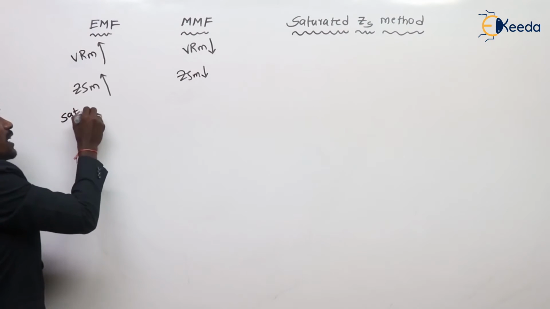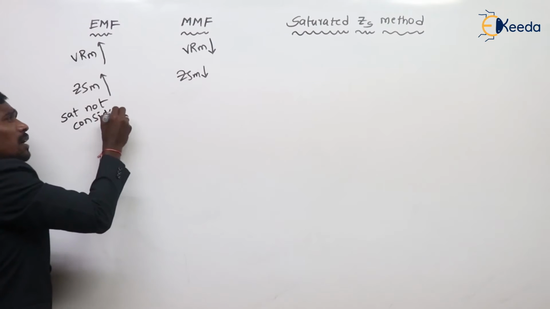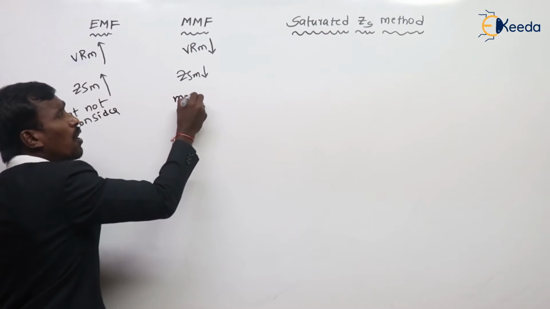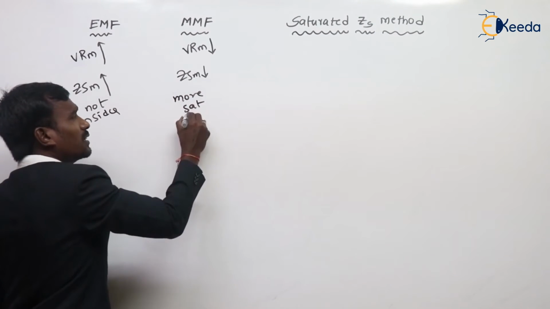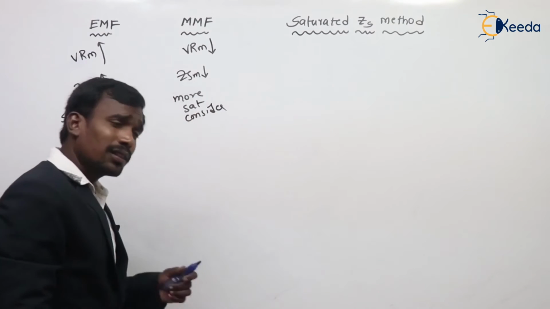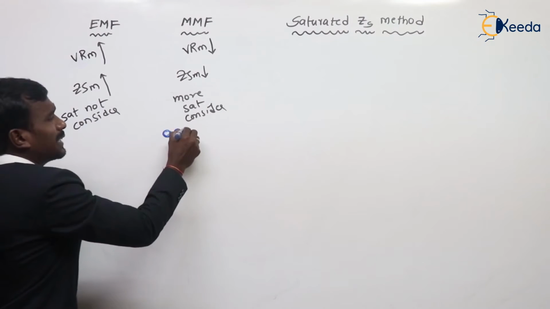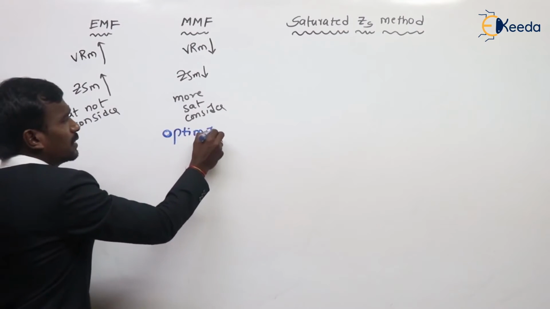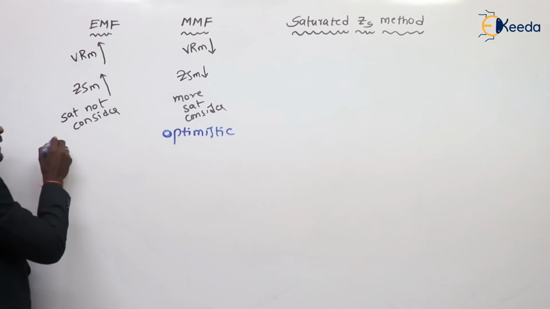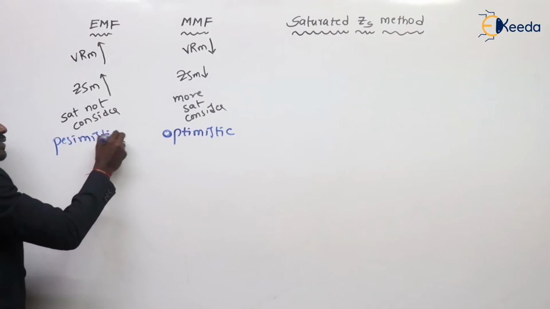Here saturation is not considered, but there more saturation is considered. These are the problems. That's why the EMF method is called the optimistic method and the MMF method is called the pessimistic method.